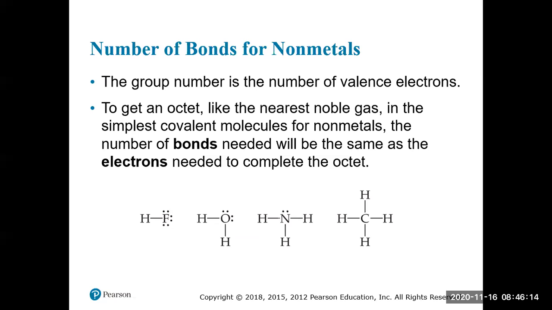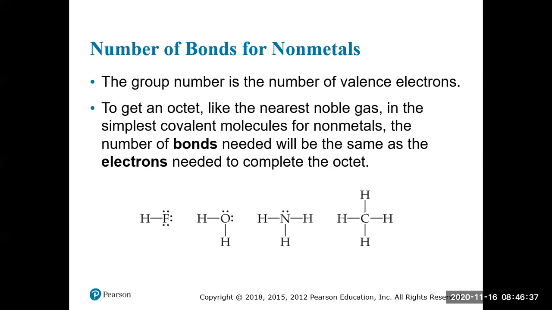We see a similar thing with H2O, water. We know oxygen has 6 electrons around it because it's in the 6A group. By sharing 1 electron with each of those hydrogen atoms, we complete the octet around oxygen.